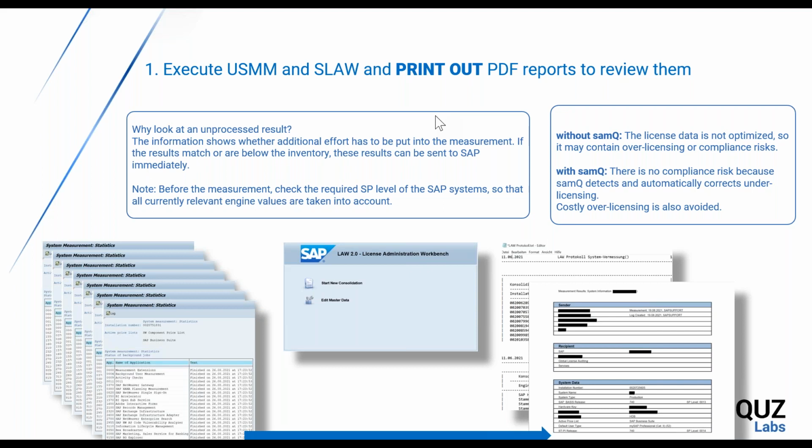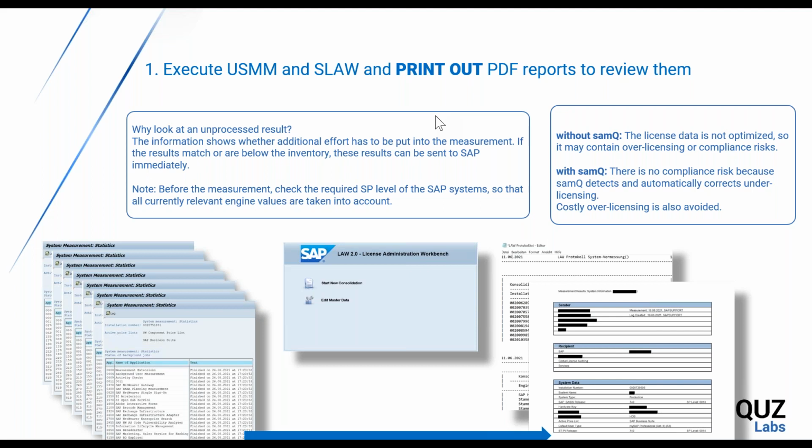It will explain how you execute USM and SLO, what is to be done, how this is to be prepared, how to download from SAP's server the bill of materials that you have contracted with them, and also import this into your SLO to compare existing licenses with the license counts that you have.